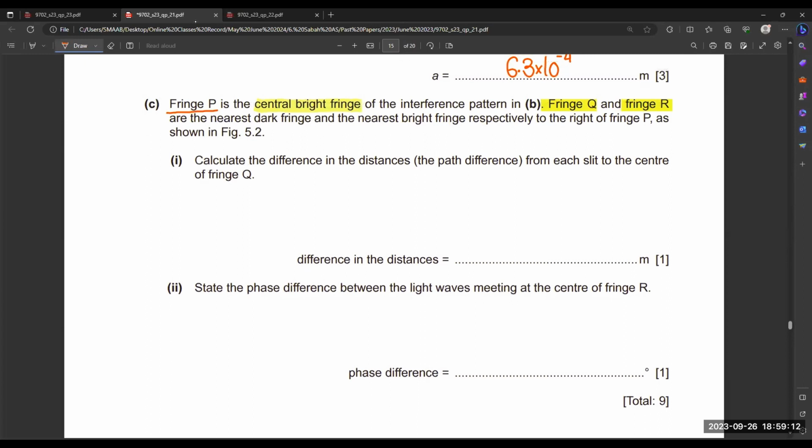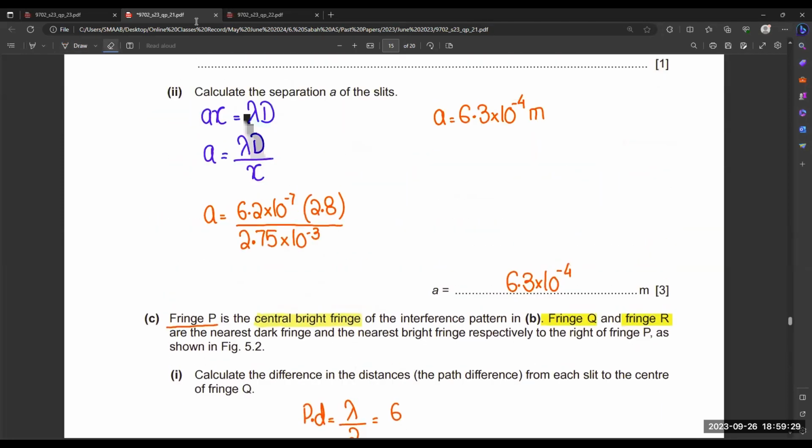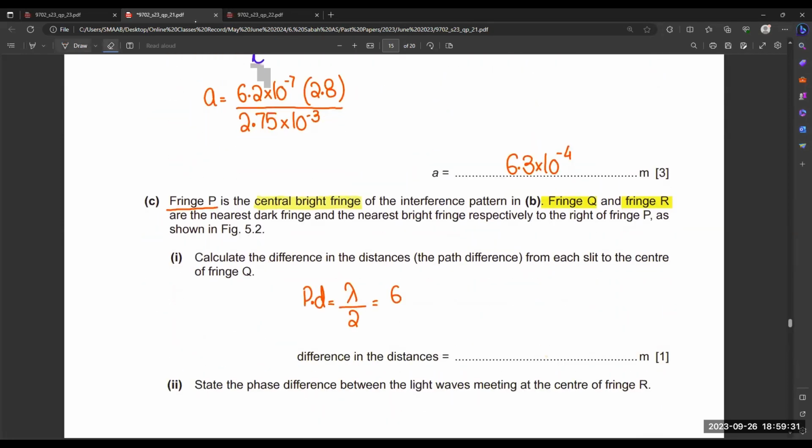So the path difference is equal to the half of the wavelength. So wavelength is actually given, 6.2 exponent minus 7, divided by 2.